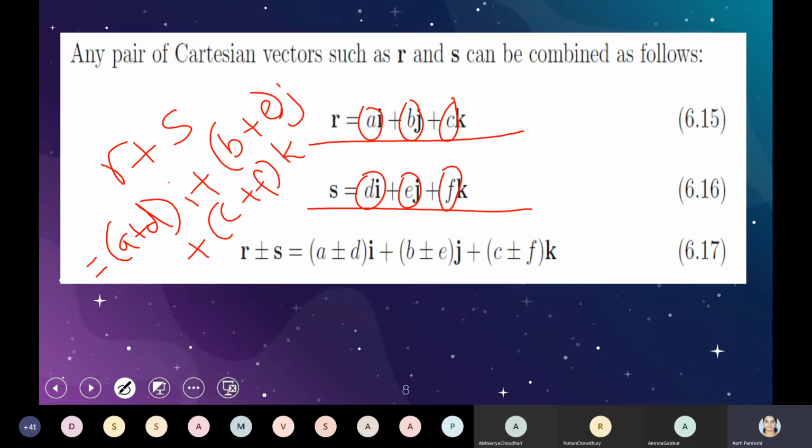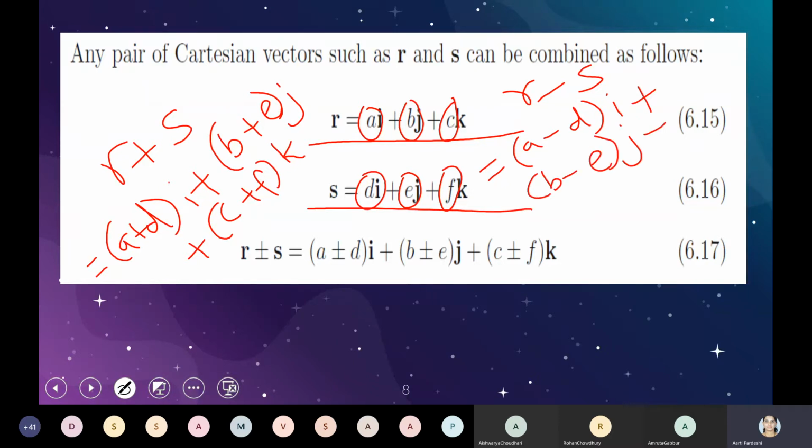And if someone asks you to calculate the subtraction, simple: A minus D for i, B minus E for j, and C minus F for k. This is Cartesian vector addition and subtraction, commonly represented by this formula.